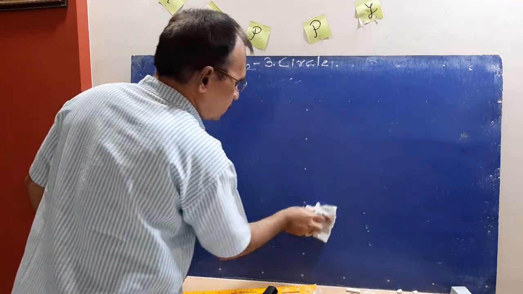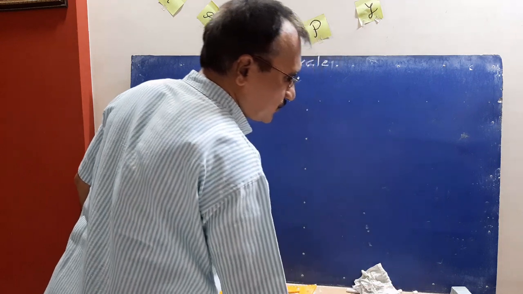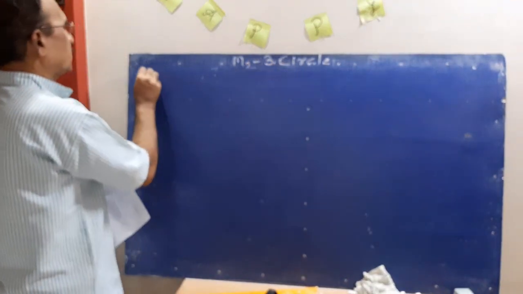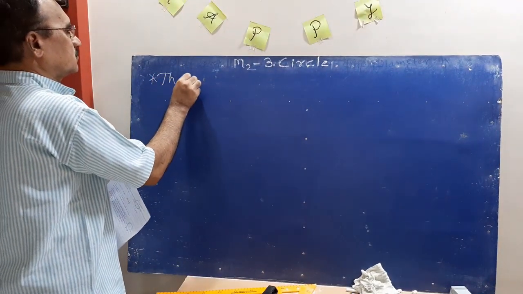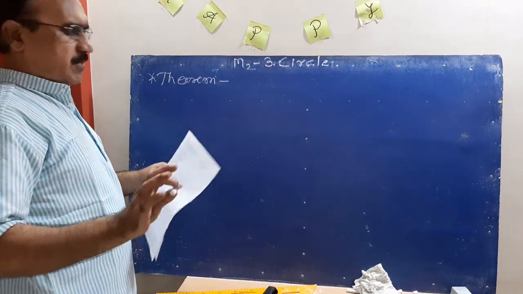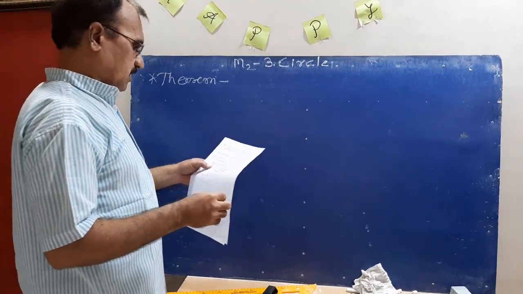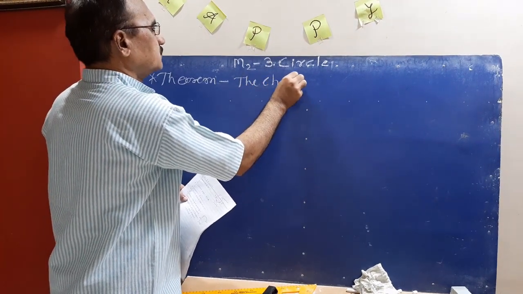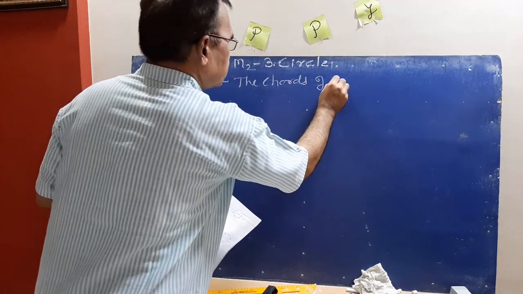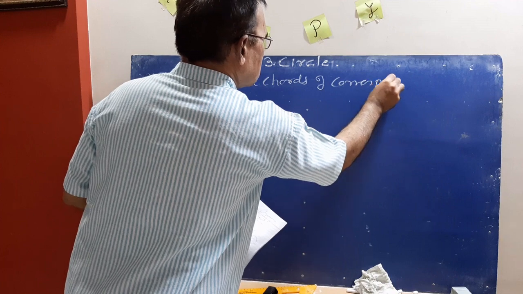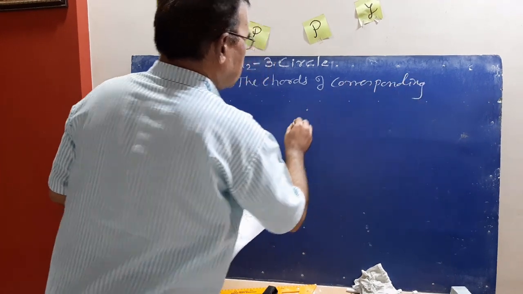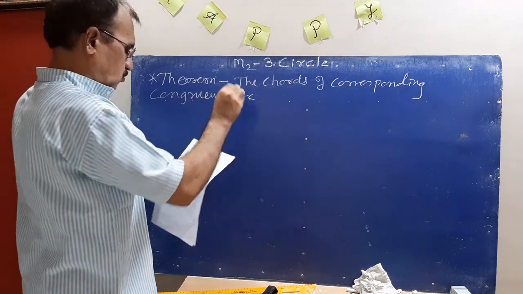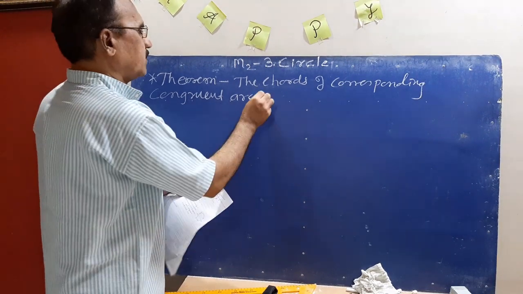Now there are two theorems related to chords and measures of arcs. Write down the statement only. The chords corresponding to congruent arcs of a circle are congruent.